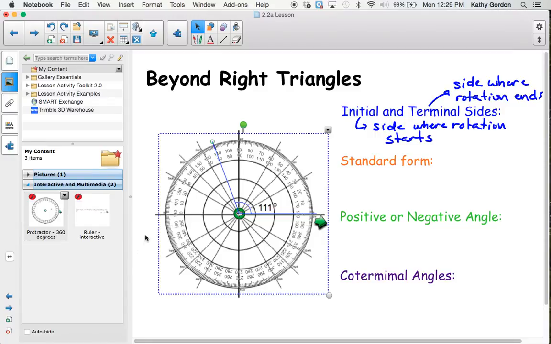As I rotate, I can rotate anywhere. So here's where the ability to have an acute angle, if I stay in here, get my shadow out of the way, right? In here, I'm less than 90.